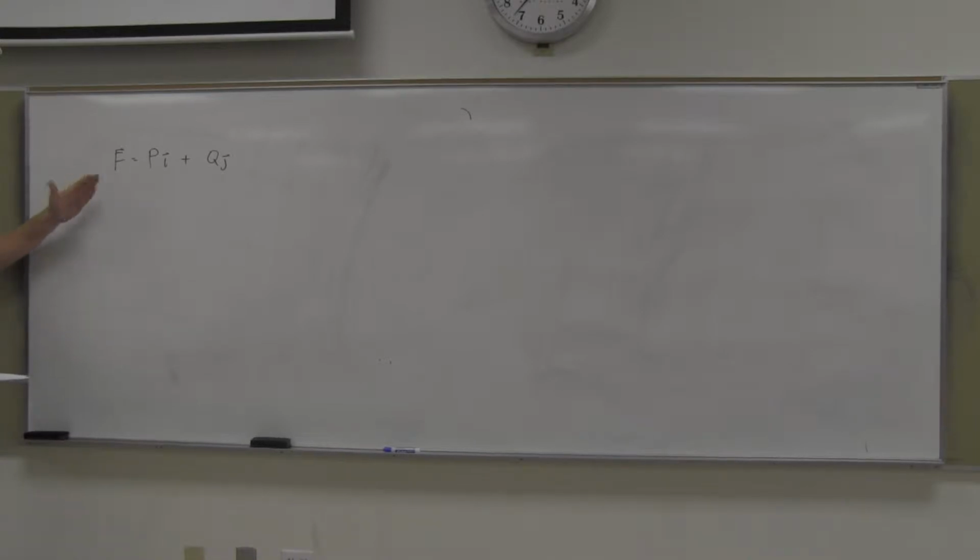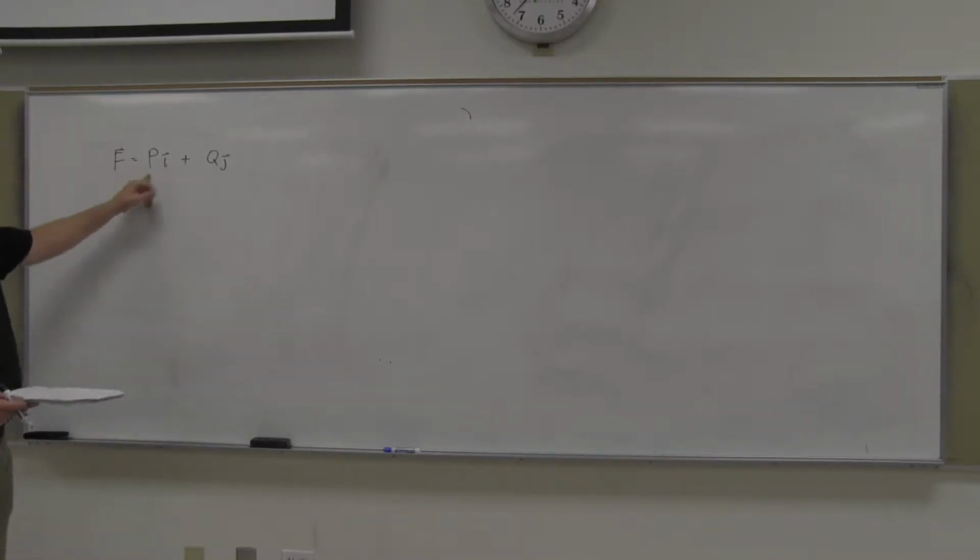In this case we're just going to deal with the two-component vector field, I and j components, because it gets a little more complicated if you have a three-component vector field.